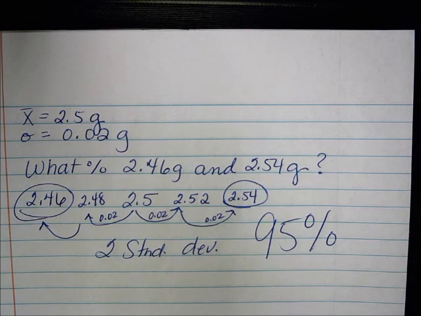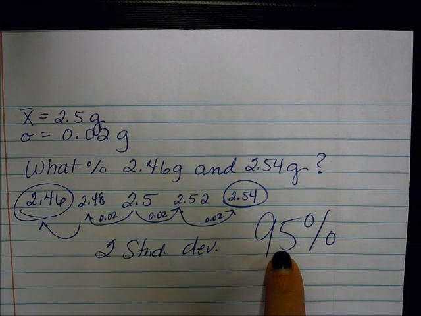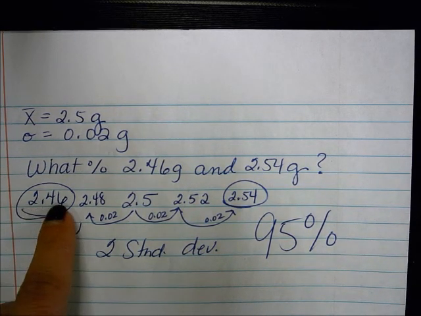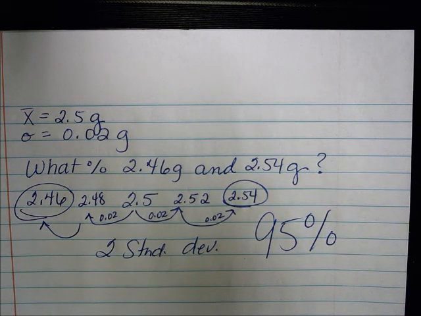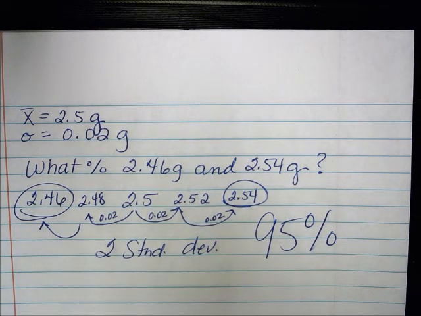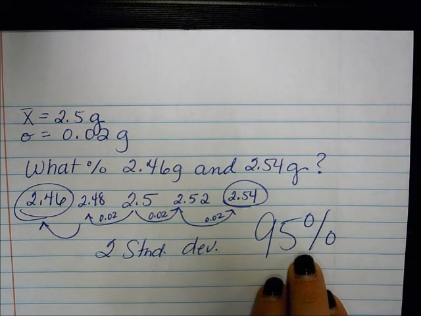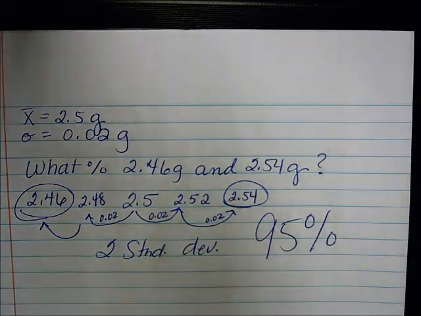If you really weighed 100 pennies, would 95 of them weigh between 2.46 grams and 2.54 grams? Pretty close. It might not be exact, because remember this is an estimate, but it should be pretty close to 95% of them.